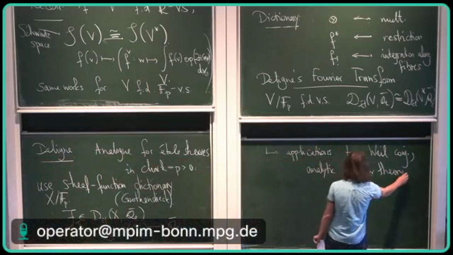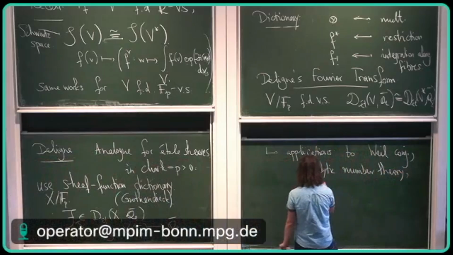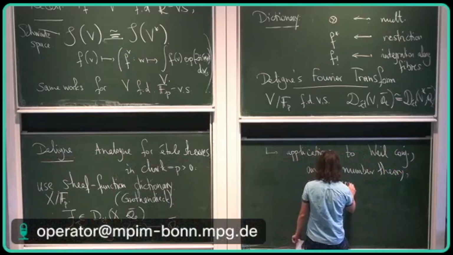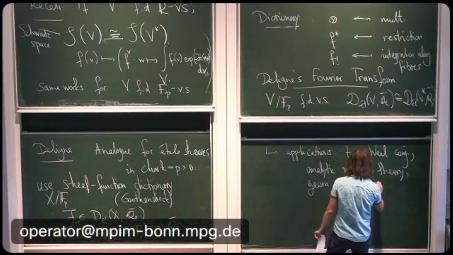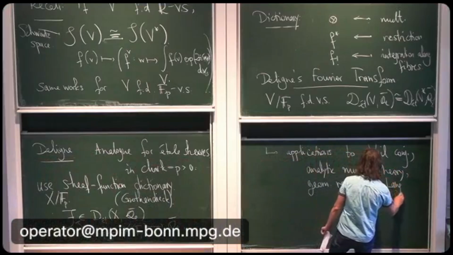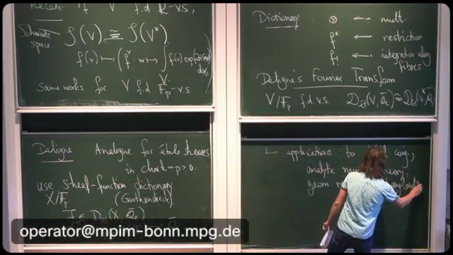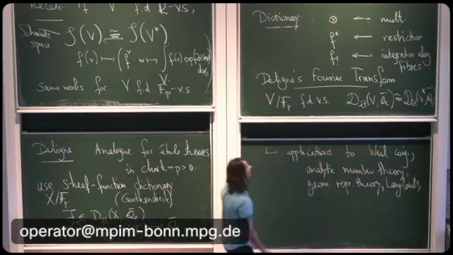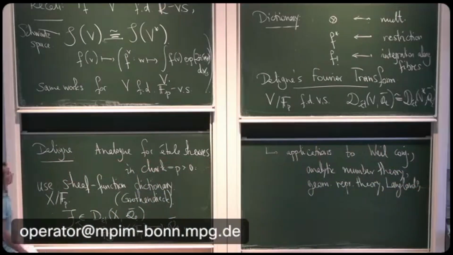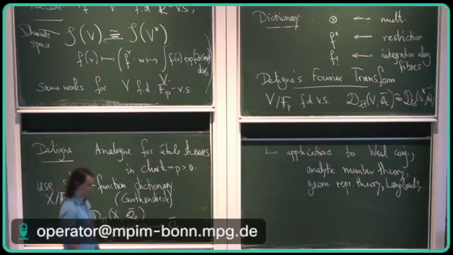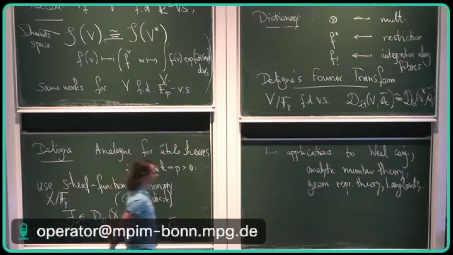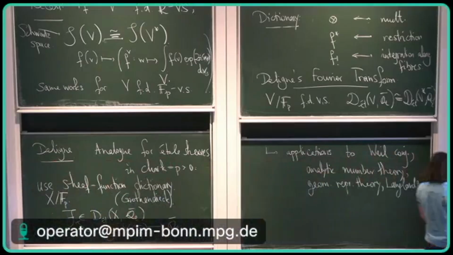It also has lots of applications to geometric representation theory, the Langlands program, and so on. And so for many of these things, you're really getting used to wanting to have such a Fourier transform, and hence wanting to have a non-trivial local system on A1.